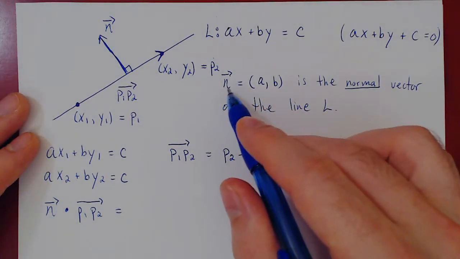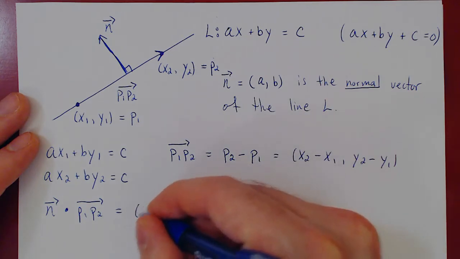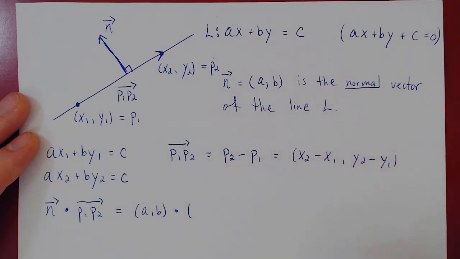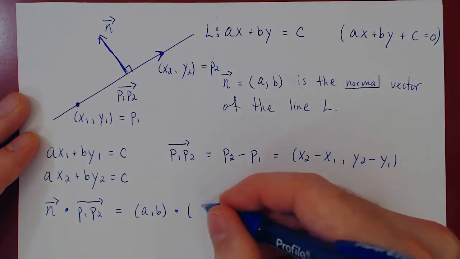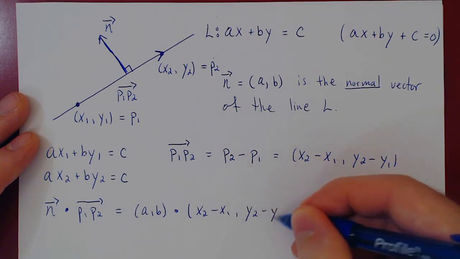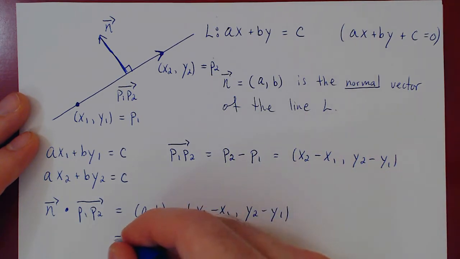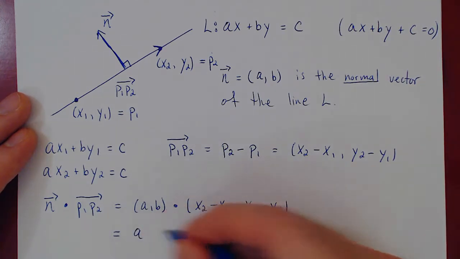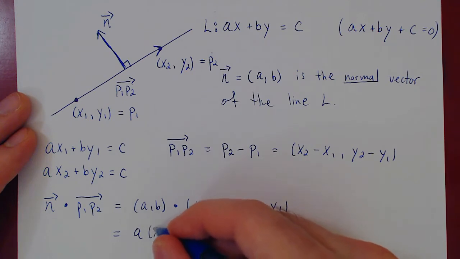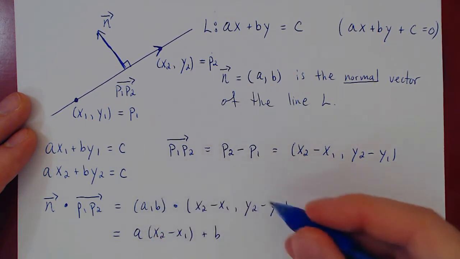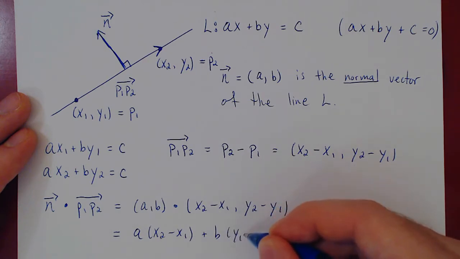Vector n algebraically is given by (a, b). Vector P1P2 is algebraically given by (x2 minus x1, y2 minus y1). We can now compute the dot product. We multiply corresponding entries and we add them up. This will be a times (x2 minus x1) plus b times (y2 minus y1).